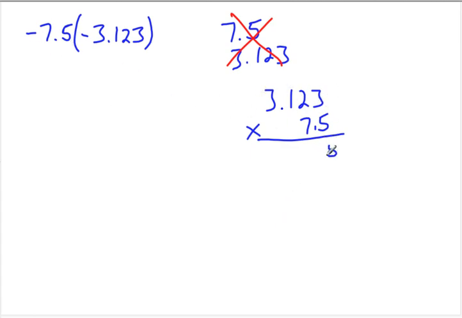So we got a 5 times 3, 5 times 2 is 10, plus 1. We got 6, 15, 1, placeholder 0. We got 21, so I'm going to make that a 2. Now we got 7 times 2 is 14, plus 2 is 16.